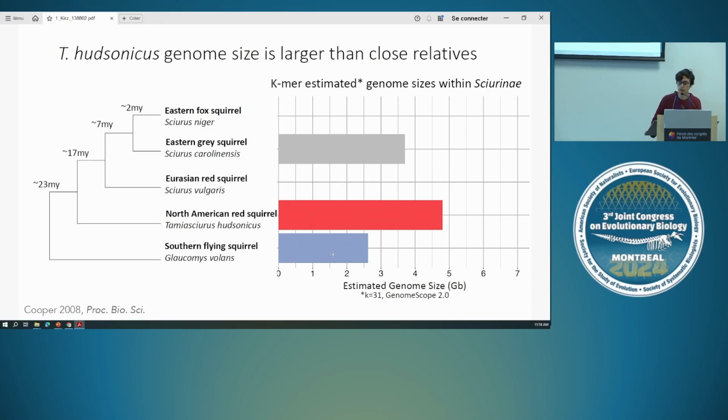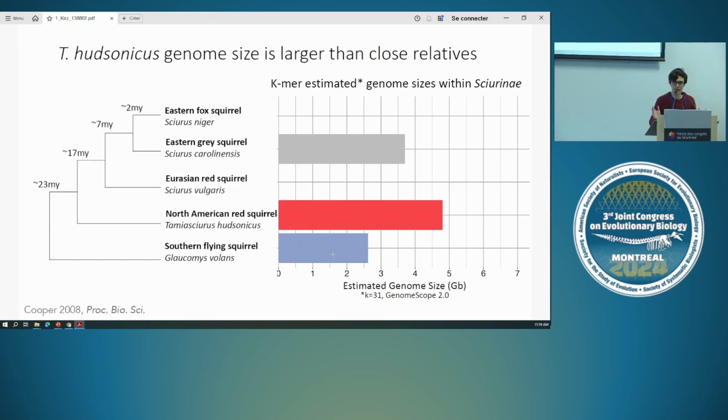On the right, you can also see the comparison of genome size estimates across 3 of these species. Since we don't have C values or flow cytometry data for any of these species except for the gray squirrel, I decided to use K-mer-based whole genome size estimation analysis. Basically, it looks at the distribution of identical sequences of a certain length over a bunch of short reads.